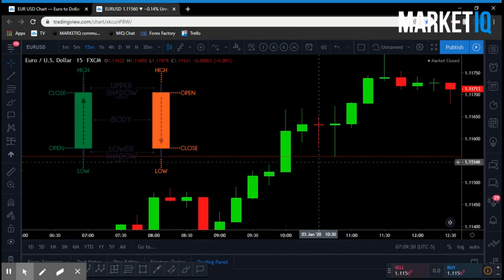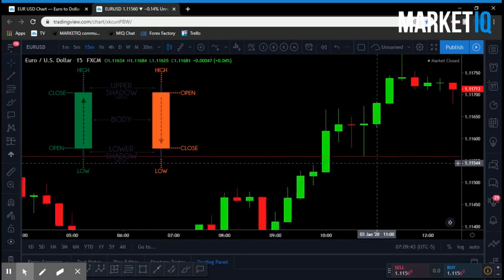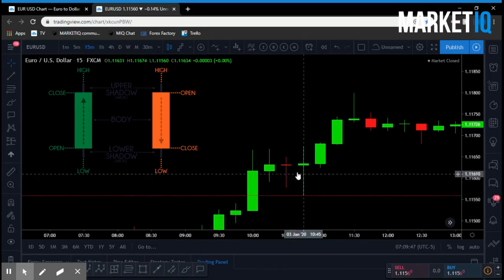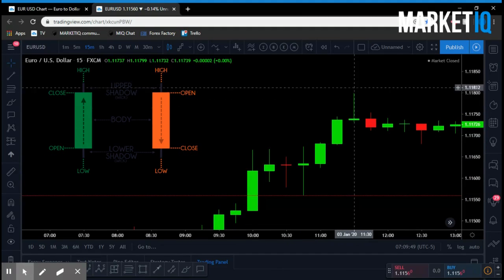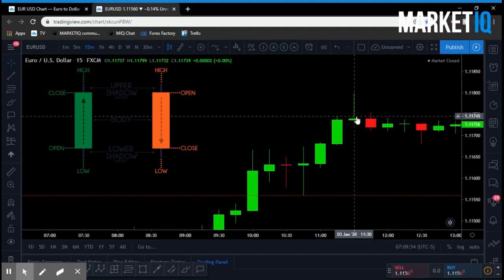This is the body of the candle that shows the open and the close, and this is the wick, and that shows the range that price went to within that 15 minutes. When price got up to here, it shot up, but then it came back down. And it's got a very small body.